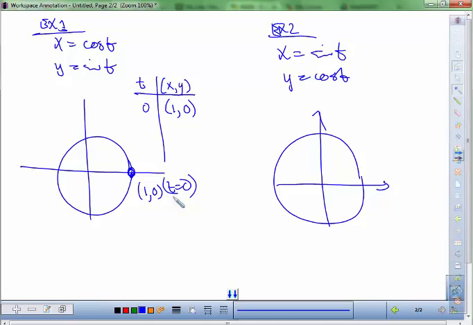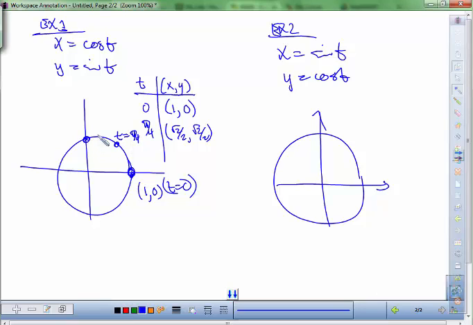Then you would try another value, like pi over 4, and you get cosine of pi over 4 and sine of pi over 4. Then you get another point that you would plot. You can keep doing this until you fill in a significant number of points to get a feel for how this graph will eventually look.